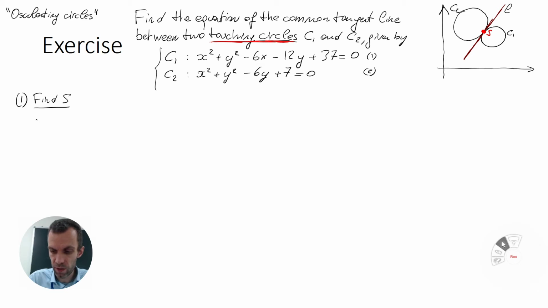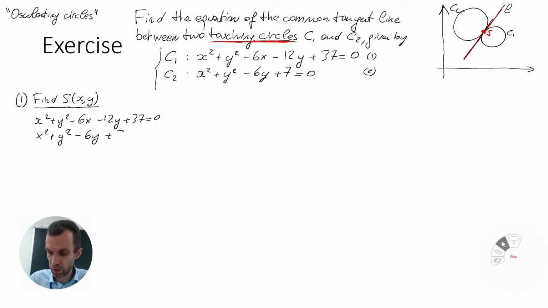So we know that if S has coordinates x and y, then x squared plus y squared minus 6x minus 12y plus 37 is equal to 0, and x squared plus y squared minus 6y plus 7 is also equal to 0. So these two together determine the point.